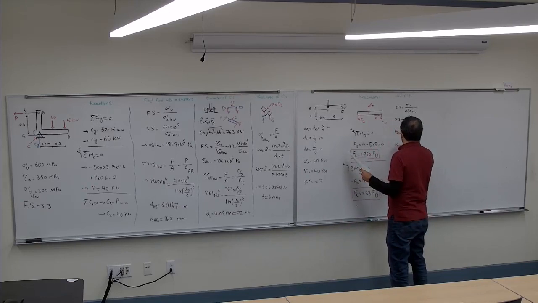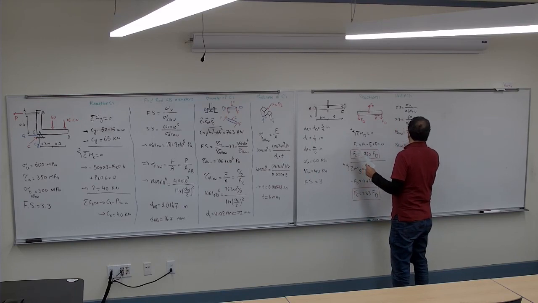the sigma allowable is going to be the maximum of FB divided by the area of AB.